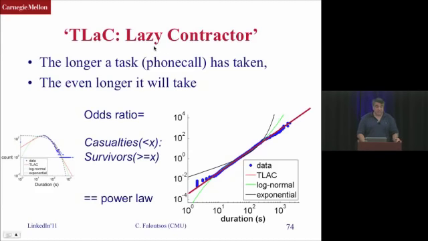And this is the idea behind the truncated lazy contractor distribution, which is also based on the log logistic distribution. This distribution has been used in survivability analysis. Suppose, knock on wood, we have a disease and we are medical doctors studying it.